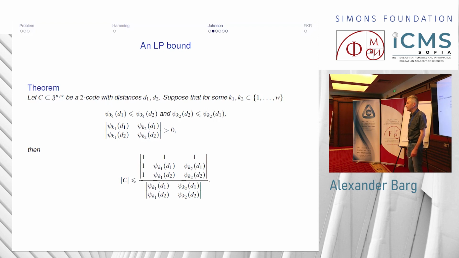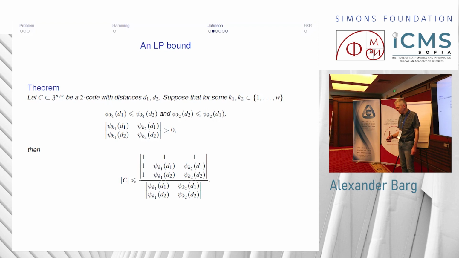It does not matter which is greater, d1 or d2. We just need this monotonicity in different directions. Let us assume that this determinant, moreover, is positive, because we want to divide by that. And not only do we want to divide by that, but we also want that when we divide, the inequality does not flip. So it's positive. Then the size of the code is as shown here.